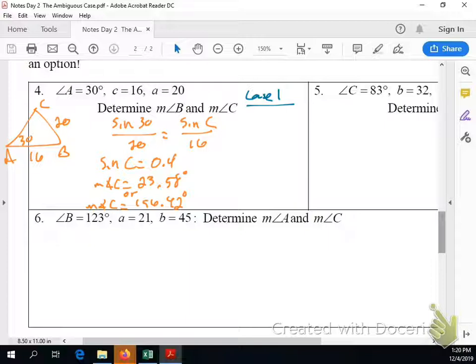Case 1, where the measure of angle C is 23.58. If that's the case, then the measure of angle B would be 180 minus 30 plus 23.58.